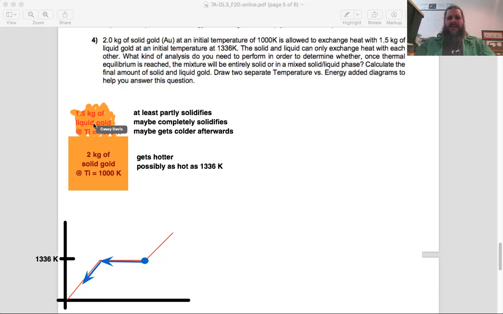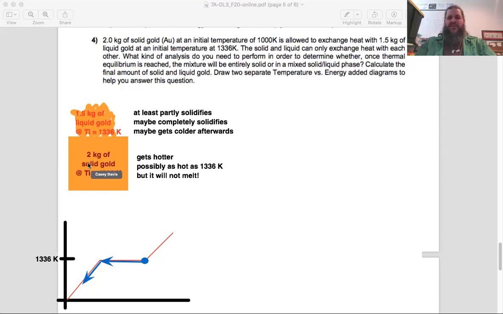And that might end up being in a mixed phase if there's still some liquid left. But the idea is if the solid gold reaches the same temperature as the liquid gold, then that's thermal equilibrium, which means there's no further heat transfer, which means that this gold cannot melt. Because the only way to melt something is to raise it to its melting point and continue adding more energy.